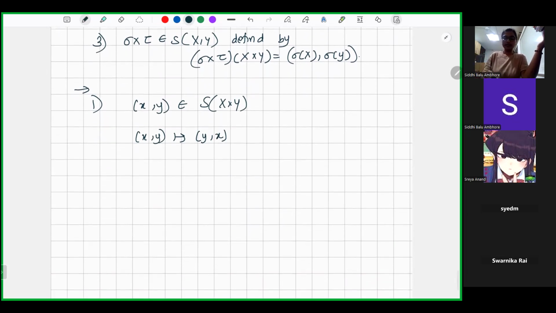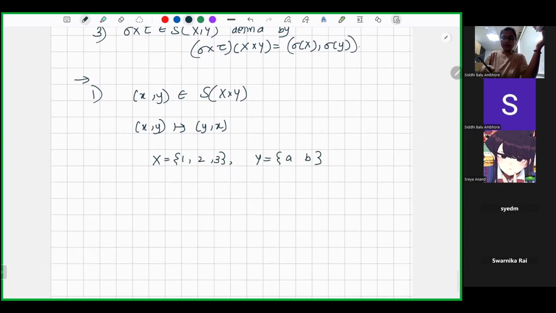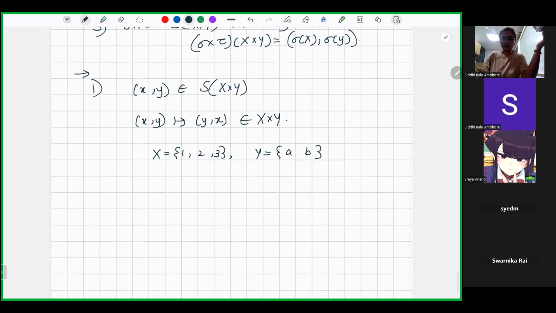What I'm saying is, suppose my x is 1 2 3 and my y is a b, then when I'm writing this, it again needs to be an element of x cross y. So for this xy going to yx to make sense, note that x must be equal to y, otherwise it won't make any sense.